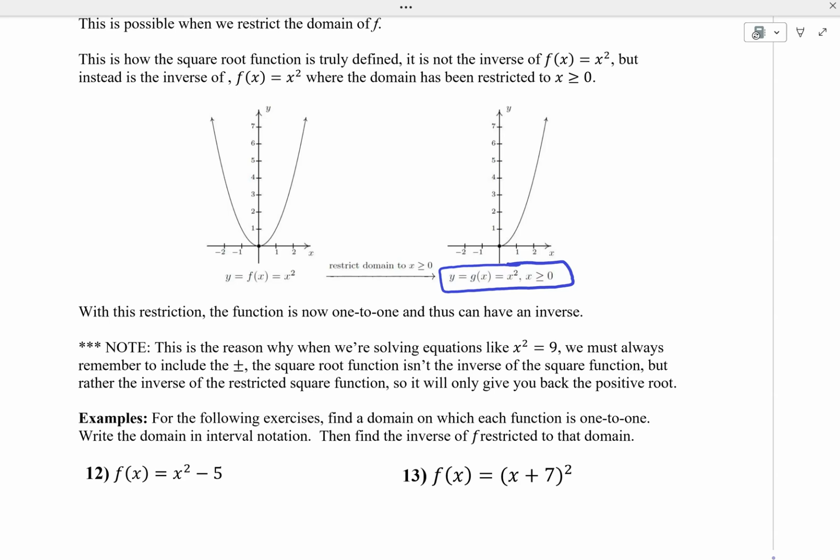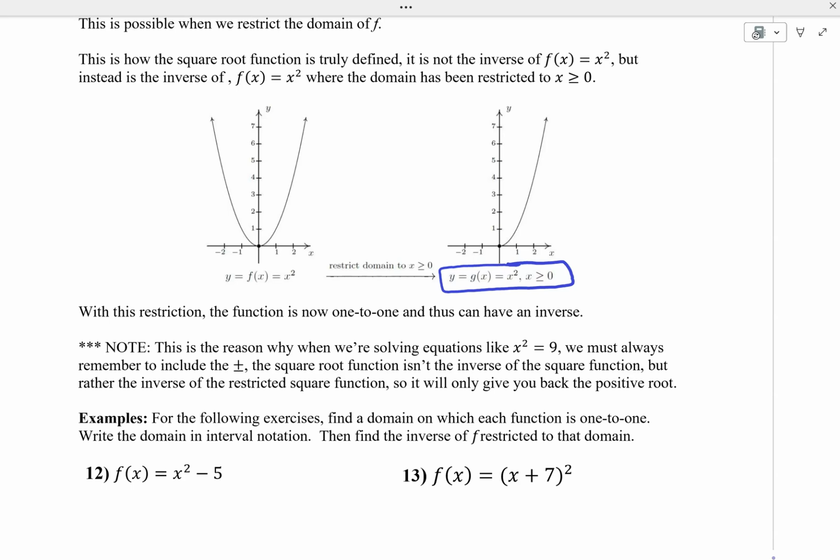Oh, and the quick note says this is the reason why when we're solving equations, we must always include the plus or minus, because we don't know what's going on. But we can always restrict it and do just the positive version if need be.